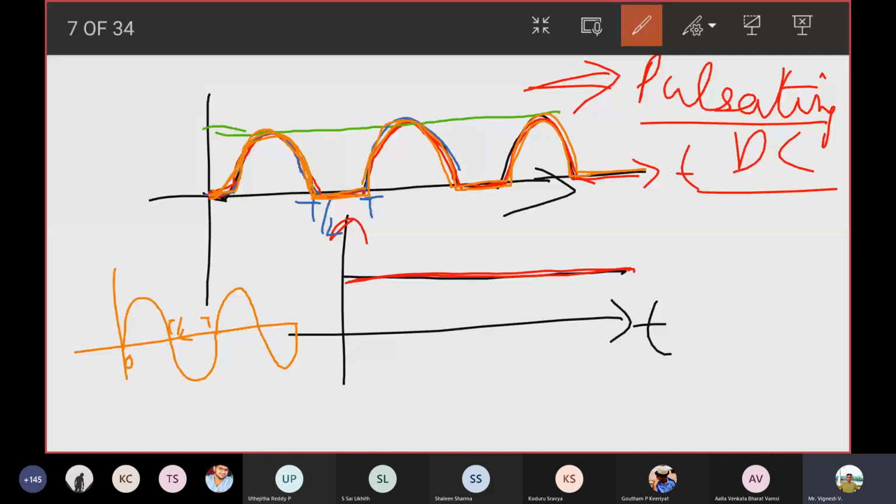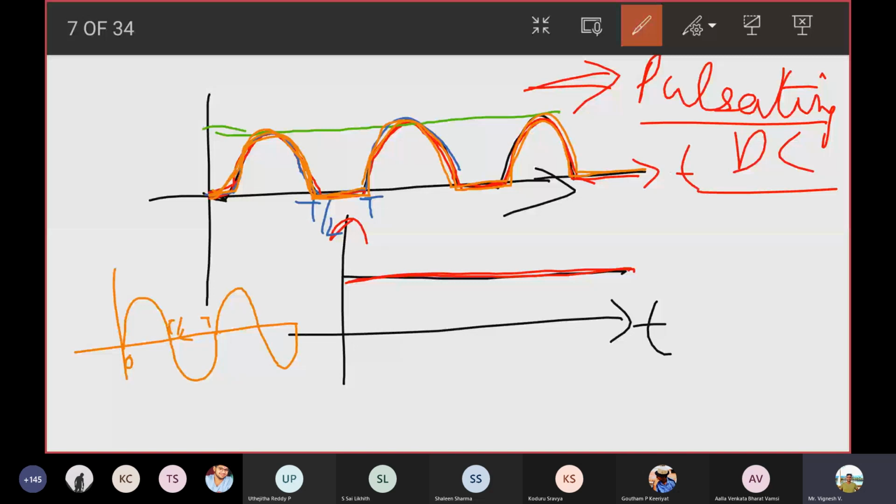So one parameter we have already found out. The output frequency of the half wave rectifier is the same as the input frequency. F out equals F in. Please write it. Important: for a half wave rectifier, output frequency and input frequency are exactly the same.